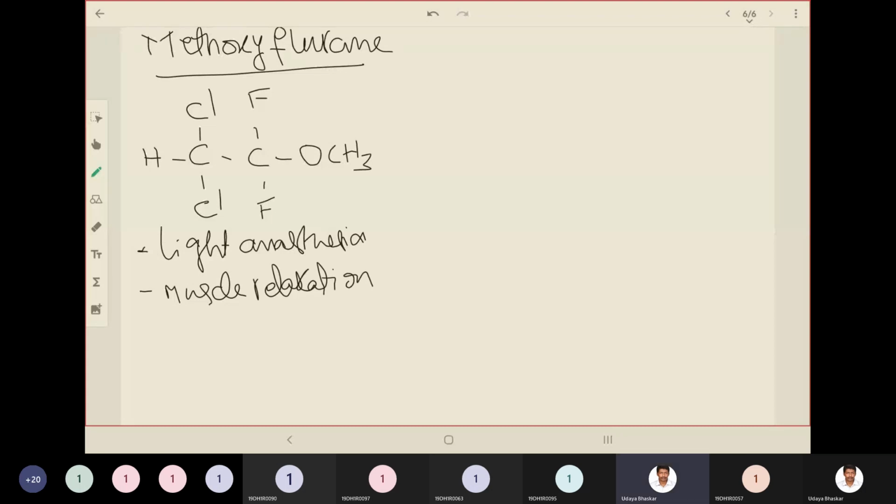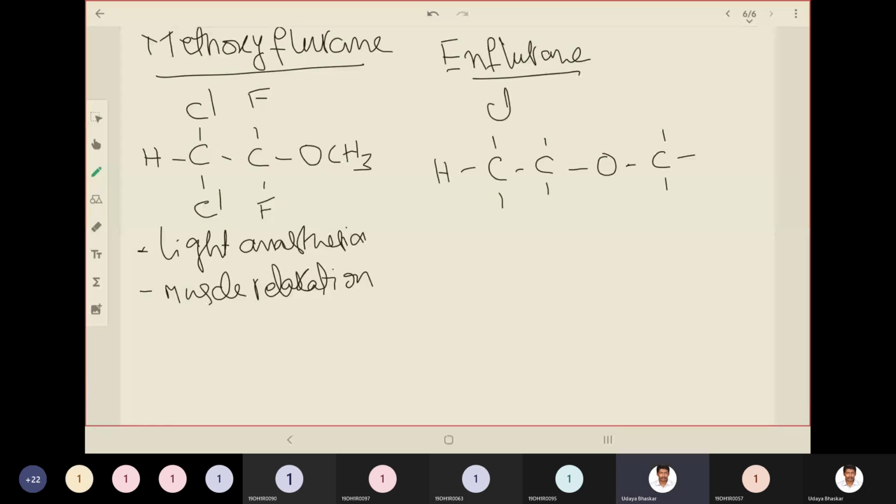During surgical procedures. If you see the structure of enflurane, it is an ether. Carbon, carbon, oxygen linking another carbon. Here you have hydrogen, fluorine, fluorine and fluorine.